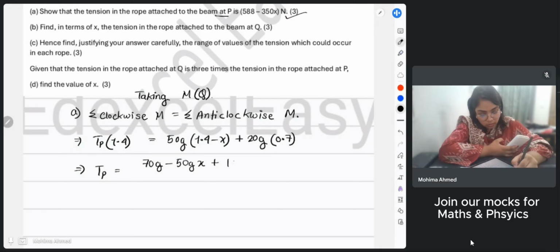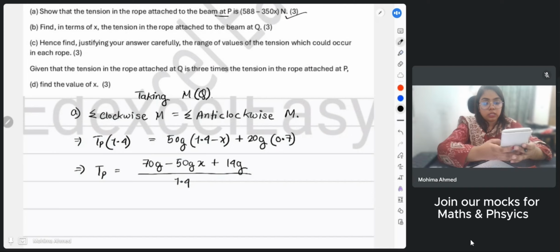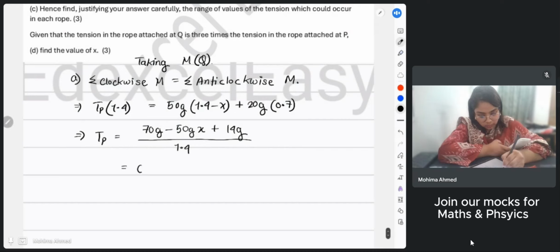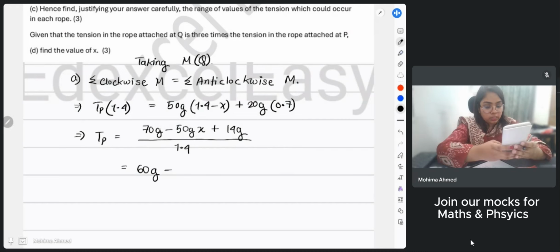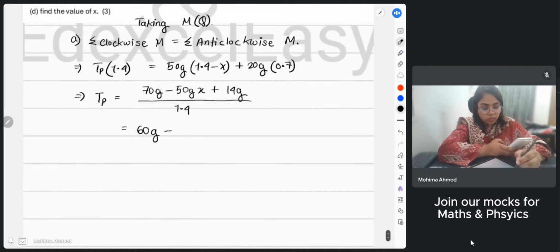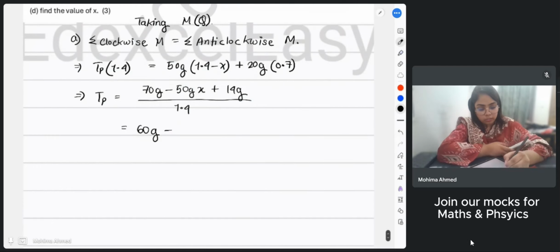This entire thing will be divided by 1.4. Now 70 plus 14 is 84. Divided by 1.4 gives you 60g. And 50 divided by 1.4 gives you, as a rough fraction, 250 over 7 gx.